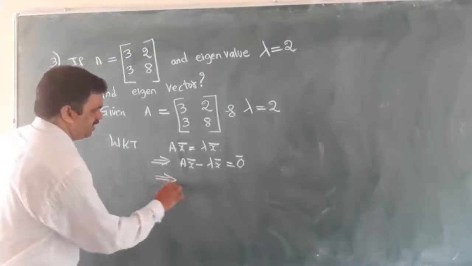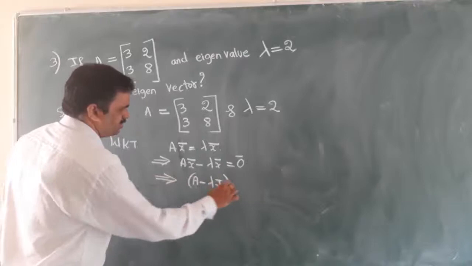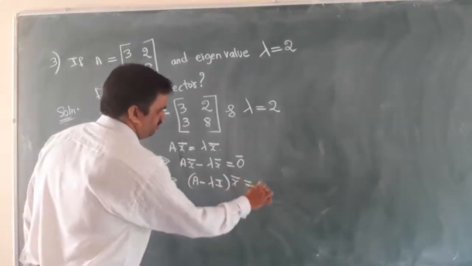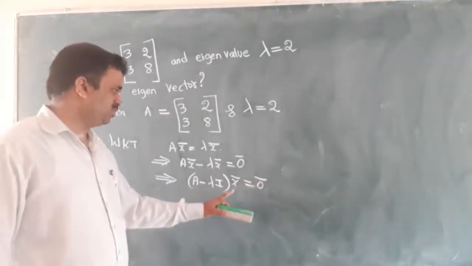I can write this as A minus lambda I times x bar equal to 0 bar.